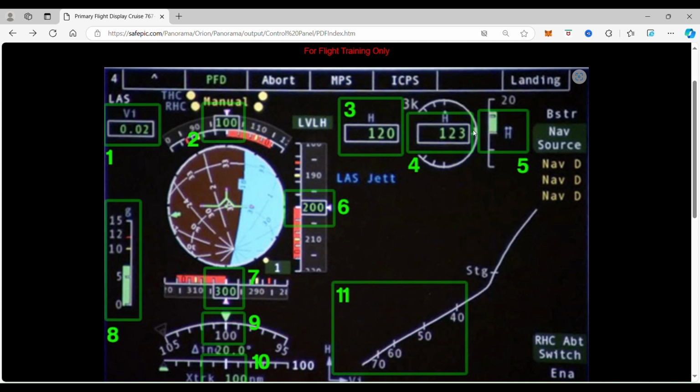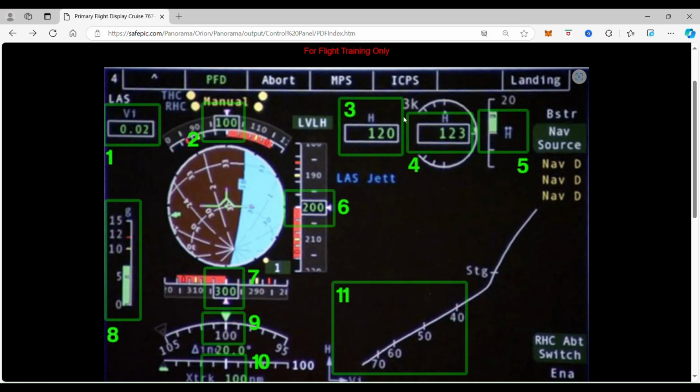Over here, this is the acceleration rate, and if it was an airplane, this would be the vertical speed indicator. As you can see, it goes up to 3,000 feet, and this is in feet per second.